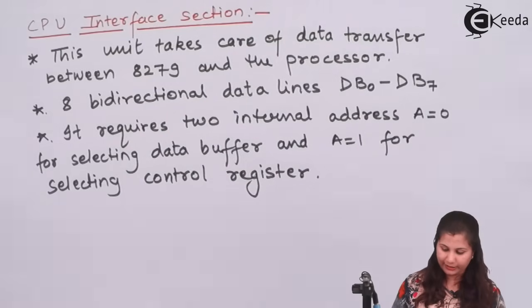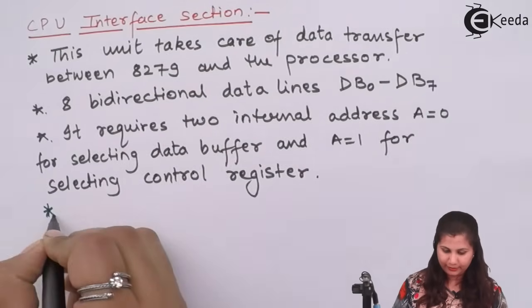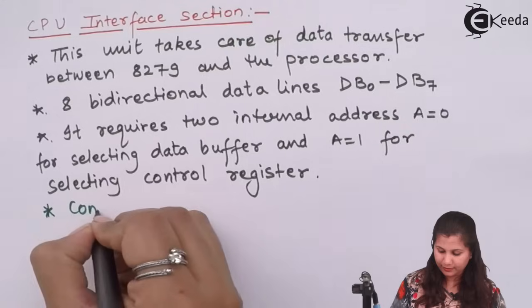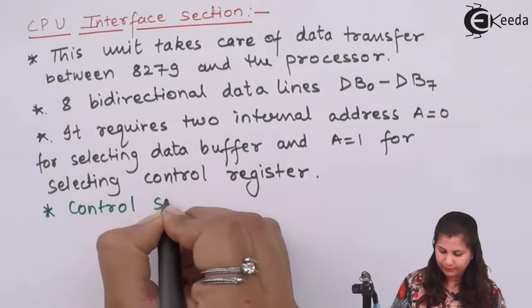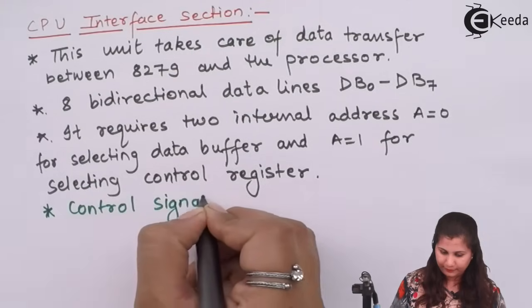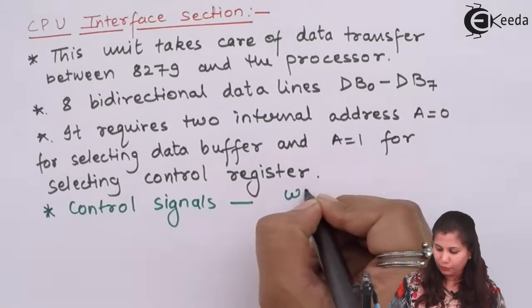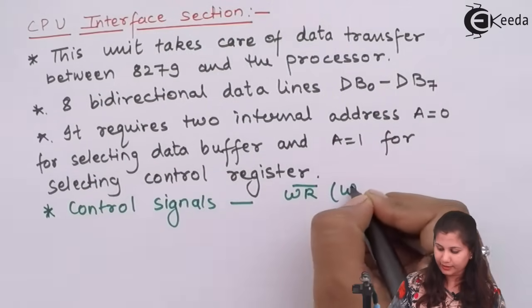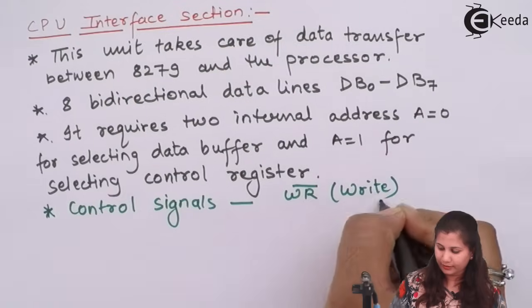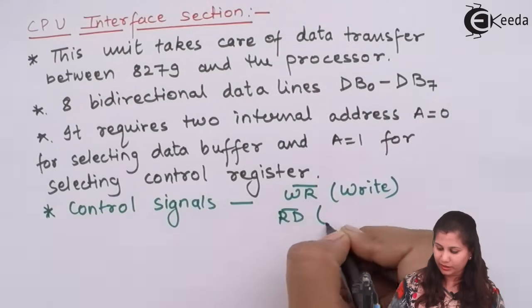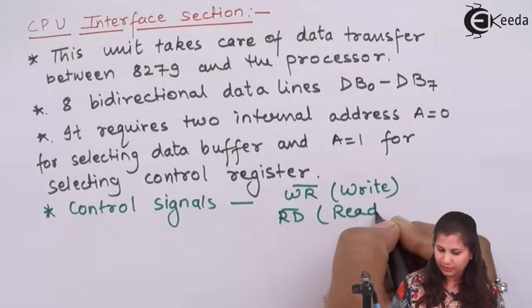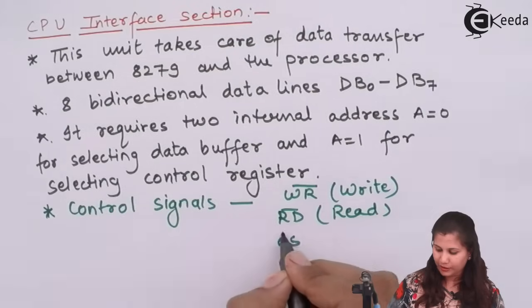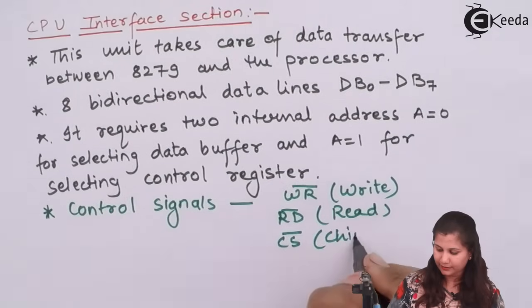So here we can write that we have the control signals: WR bar, which is write, RD bar, which is read, and CS bar, which is chip select.